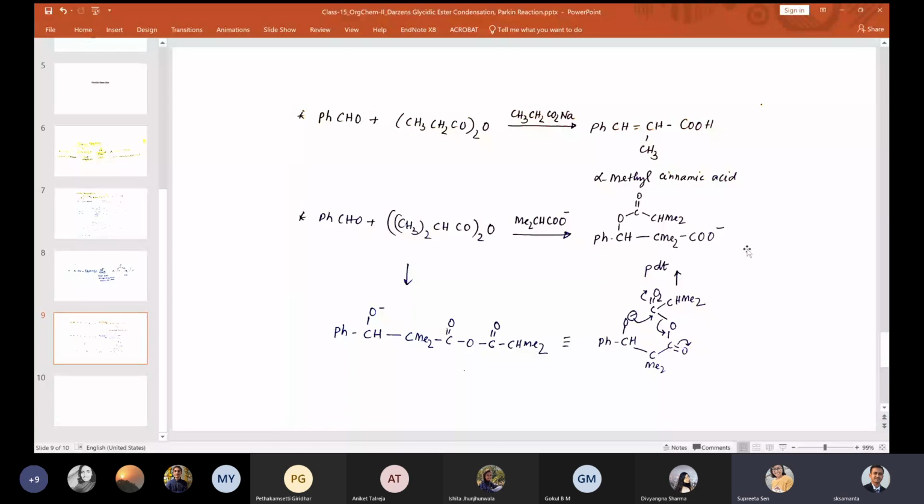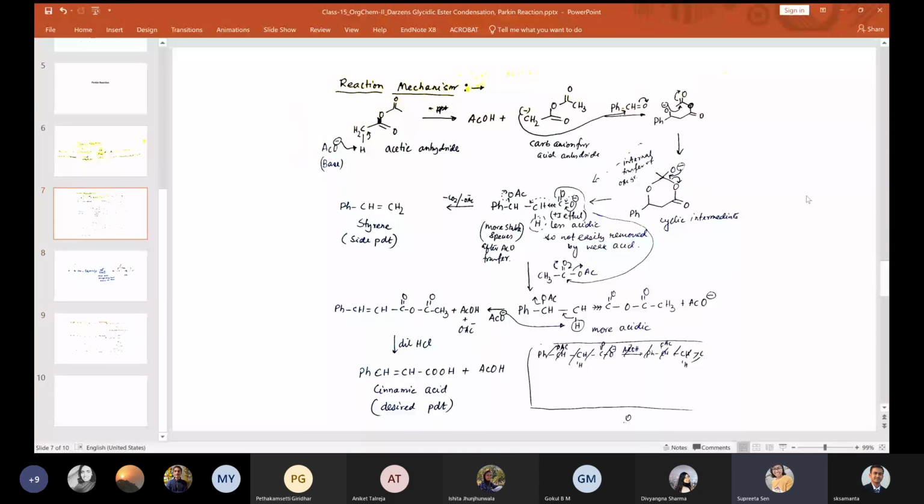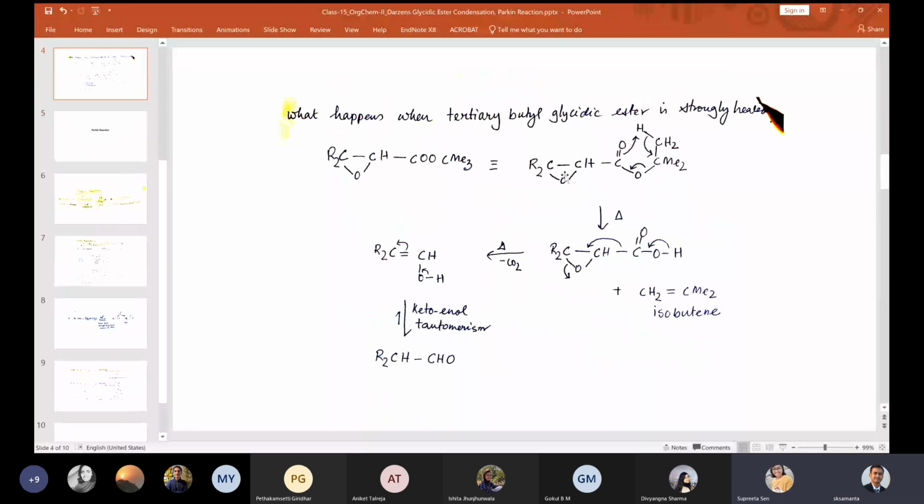Sir, yeah, I have a doubt in that slide, the reactions of enolates. This one? No, the reactions of enolates, from the last previous class. Previous class, okay.